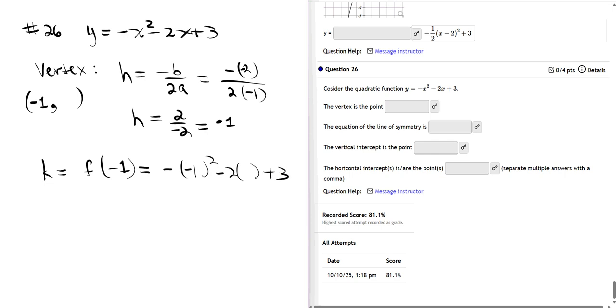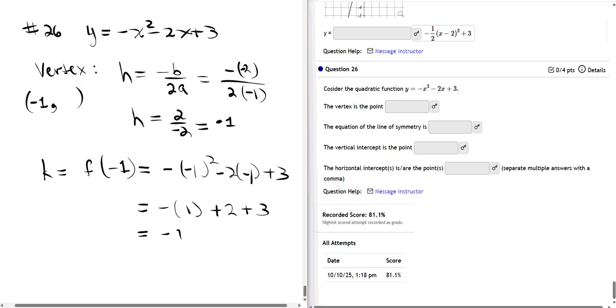Then I'm plugging in -1 and simplifying. So -1 squared is 1. -2 times -1 is +2. So now I have -1 plus 5, which is 4. So now I have the vertex point, -1, comma 4.